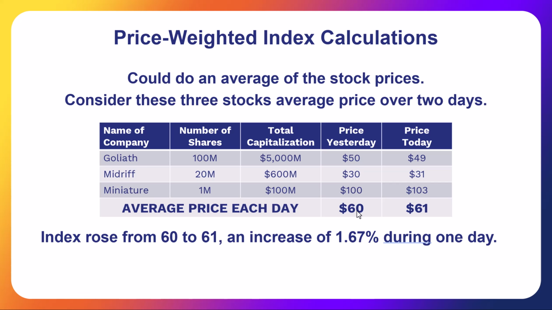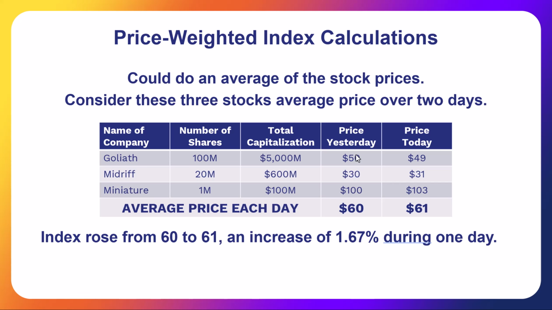So the average price yesterday was 60. Today, the prices are $49, $31, and $103. The average for the day is now $61. So this index average rose from 60 to 61.